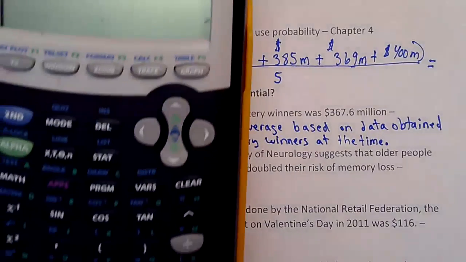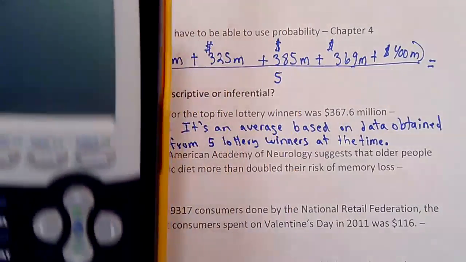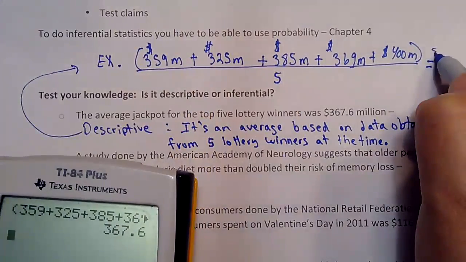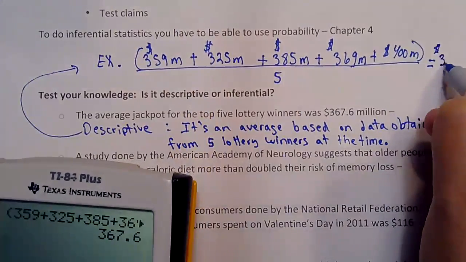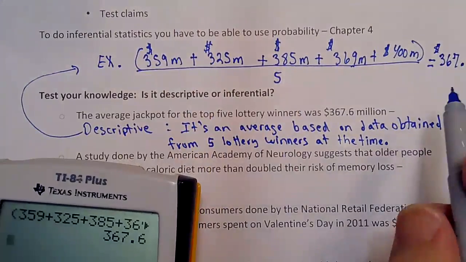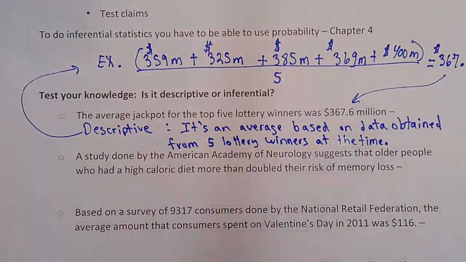So I hit divided by the 5, and then I hit enter, and that gives me 367.6, for example, which is kind of related to that.